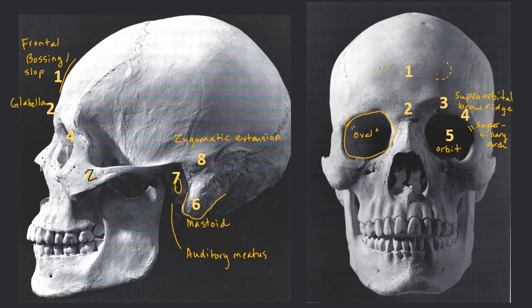So this is the zygomatic bone here, and it ends right about there. And then we have the arch. We continue to call that the zygomatic arch. And we're interested in visualizing how far it extends past that auditory meatus. And that's going to help us identify whether the individual is male or female.